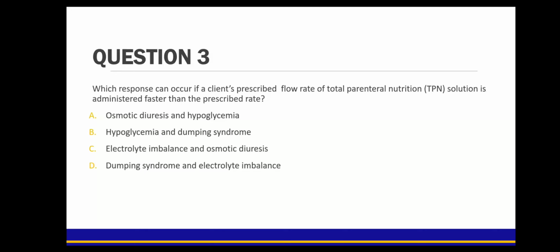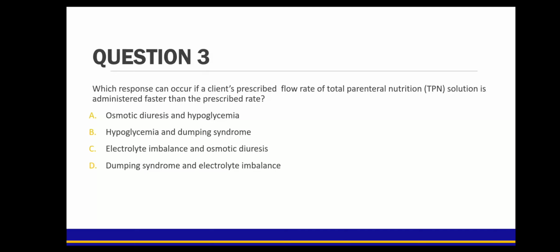We do see this with patients getting NG tube feedings, right? When we give food that's going into the jejunum too fast, like when we're giving nasogastric enteral feeding, not parenteral feeding. So this one is not applicable to this answer choice. Does that kind of make sense?